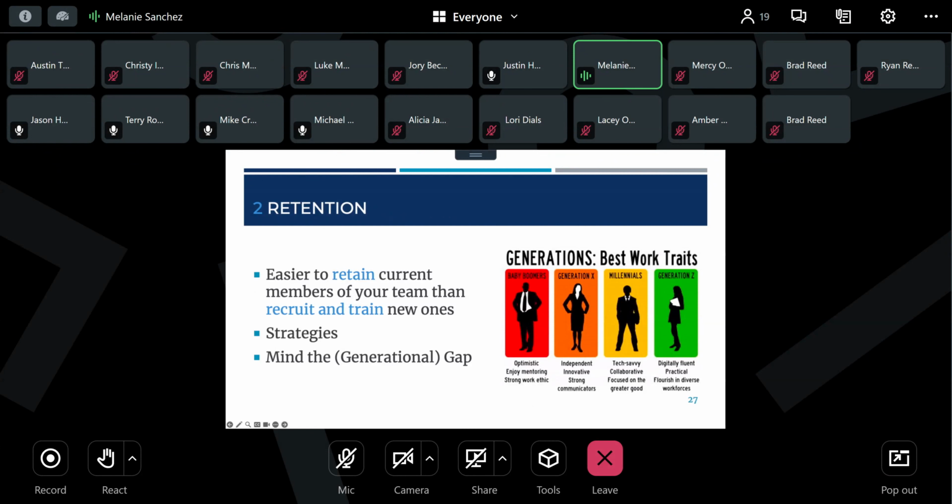So to enhance retention, I'm going to talk about first minding generational gaps, and then we'll talk about some other basic retention tactics. So, engaging in an open dialogue encourages more communication with your team and allows different generations to share their viewpoints and learn from one another.